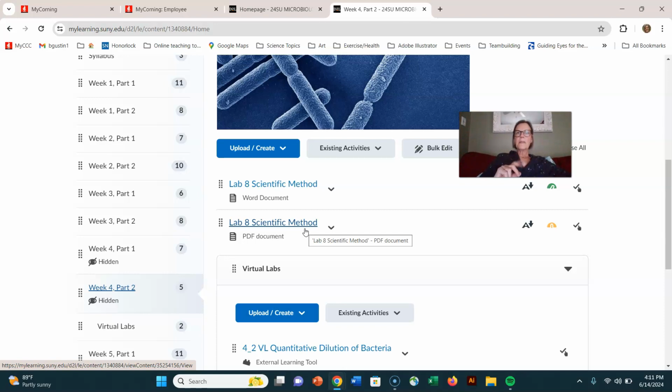One, make sure that you do the first problem that I give you all the answers to, on the number of cells in a colony of E. coli. If you print out your handouts in black and white, it might be difficult to see the colonies on the plates. So what I recommend is make sure you have a picture of the actual color picture that you can refer to as you're working on that.